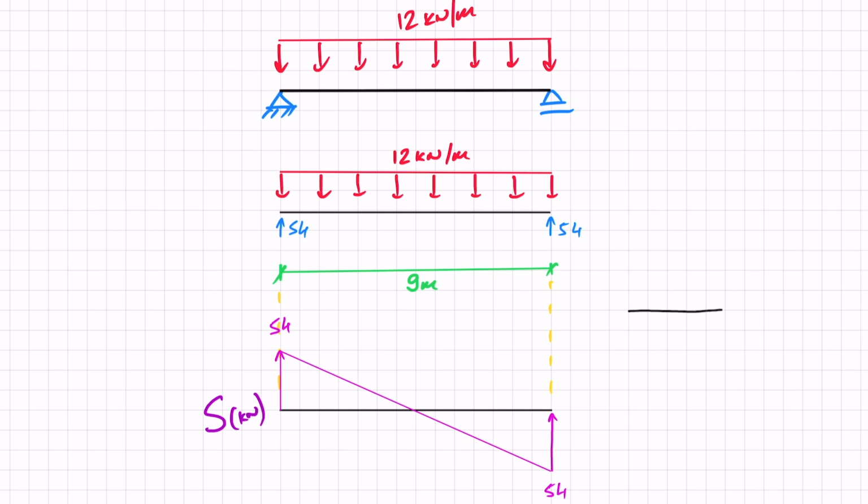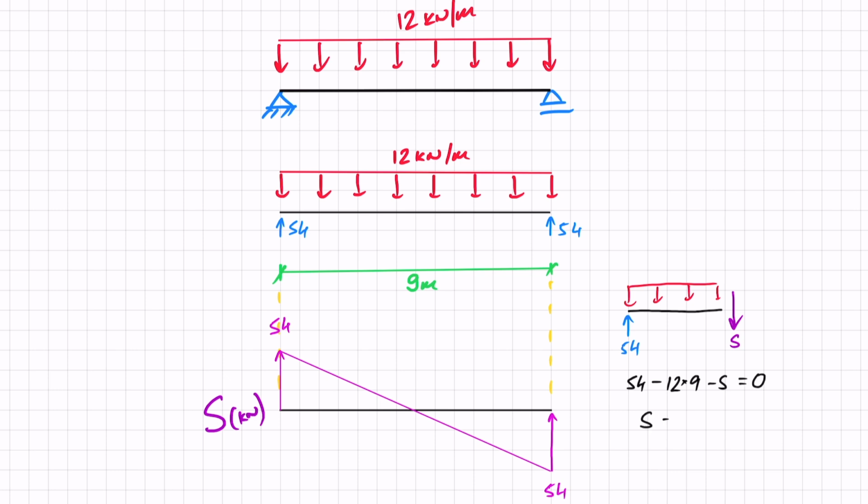Now, if I'm not sure about this, or I want to further validate what I'm doing, I might just do a cut, okay? So I would say I've got my reaction force of 54 going up here. I've got my UDL coming down, and I've got my shear force drawn in the positive direction here. And if I were to do that, I would say that 54 minus 12 times 9, because I'm going to the end of the beam, and minus S equals 0.